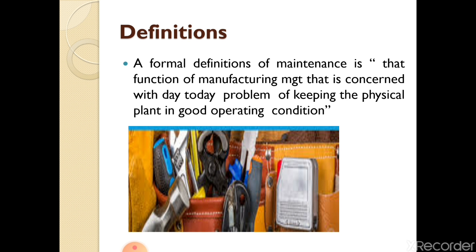It also involves maintenance of buildings, plants, machineries and other fixed assets of a firm, which are subject to deterioration due to their use and exposure to environmental conditions over a period of time.